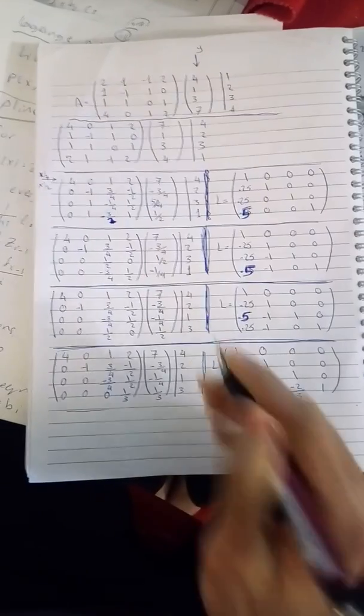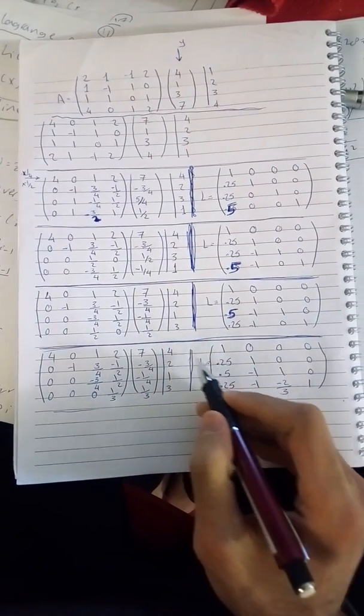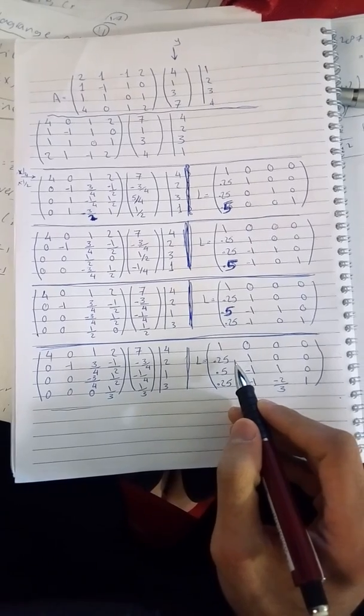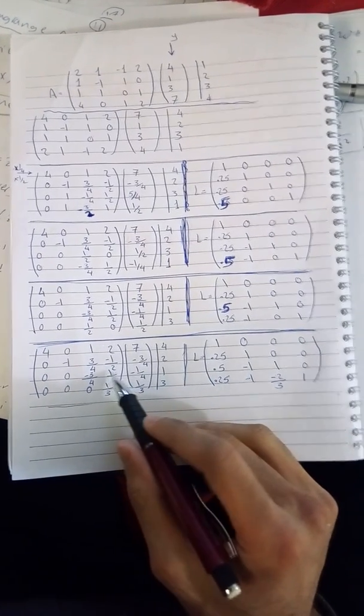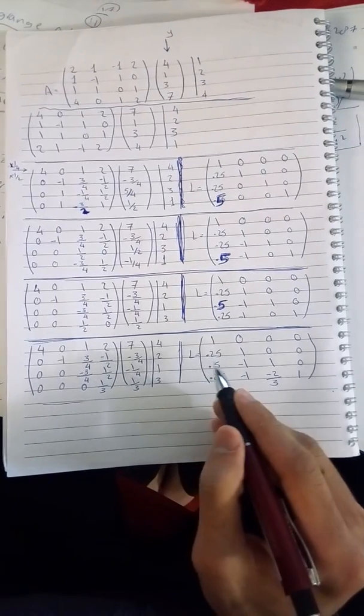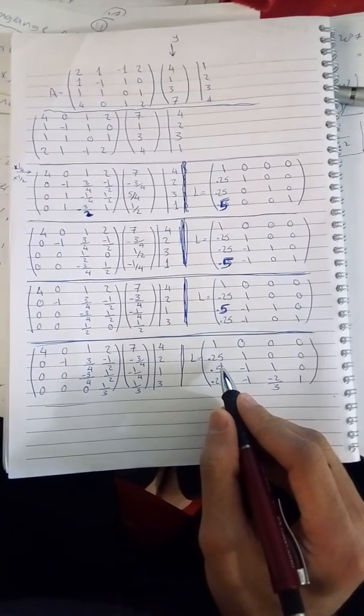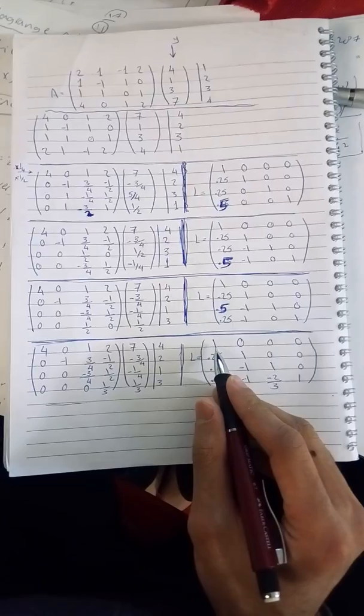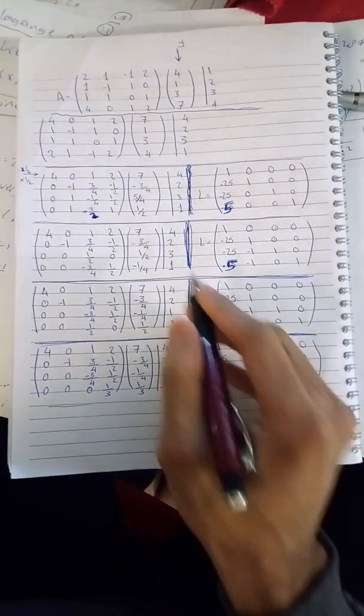LU decomposition. We want to arrive at L, the lower triangular matrix, which is here, and the upper triangular matrix, which is here. But let's say that this lower triangular matrix will have diagonal 1.